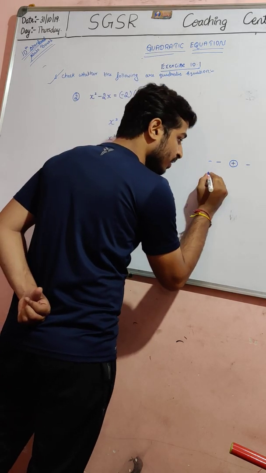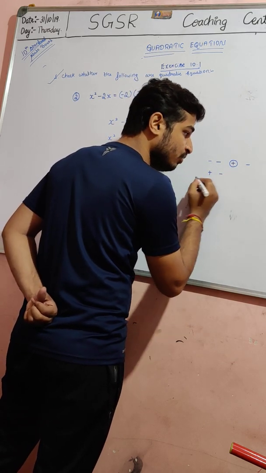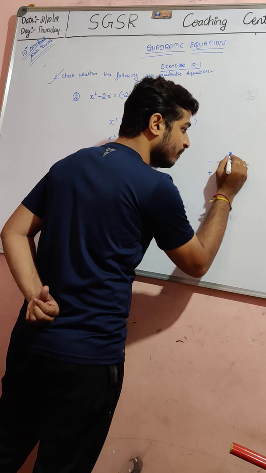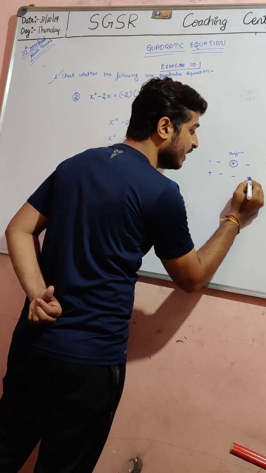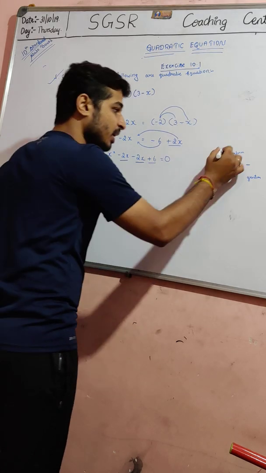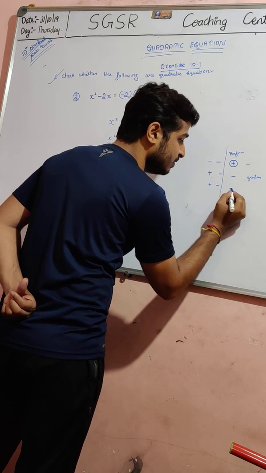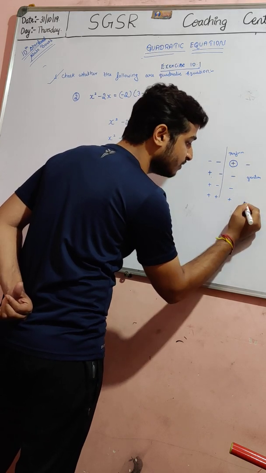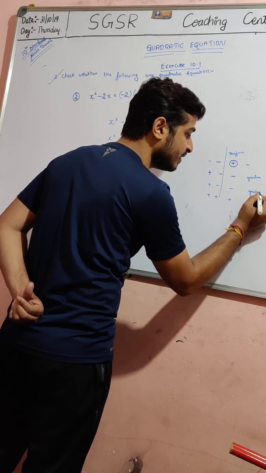For plus minus, you should perform subtraction, and the sign should be that of the greater number. So whichever number is greater, that sign should be given. In the same way, plus minus means you should do subtraction.